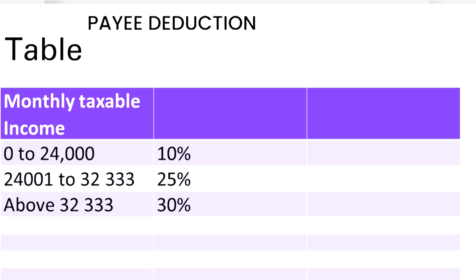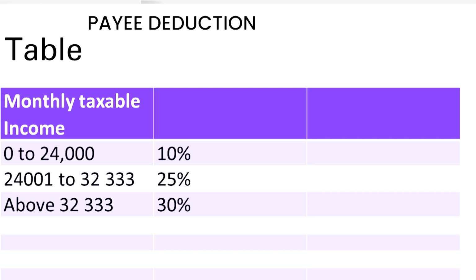As we speak, the government is about to introduce an additional 35% tax for those earning more than 500,000. It is the obligation of the employer to do the deductions and remit on behalf of the employee to the government. There are other statutory deductions like NSSF and NHIF.